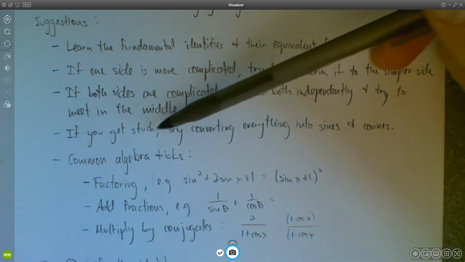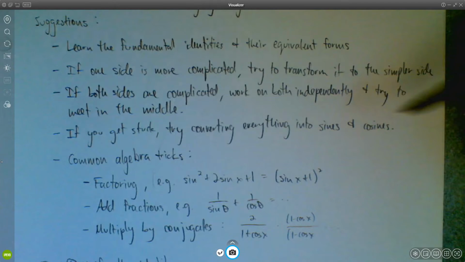If you get stuck, a good trick is to change everything into sines and cosines. I do that a lot. That's my go-to thing, to just change everything into sines and cosines if I find that I get stuck. Sometimes it makes things messier, but like I said, if you're stuck, then that's a good thing to try.